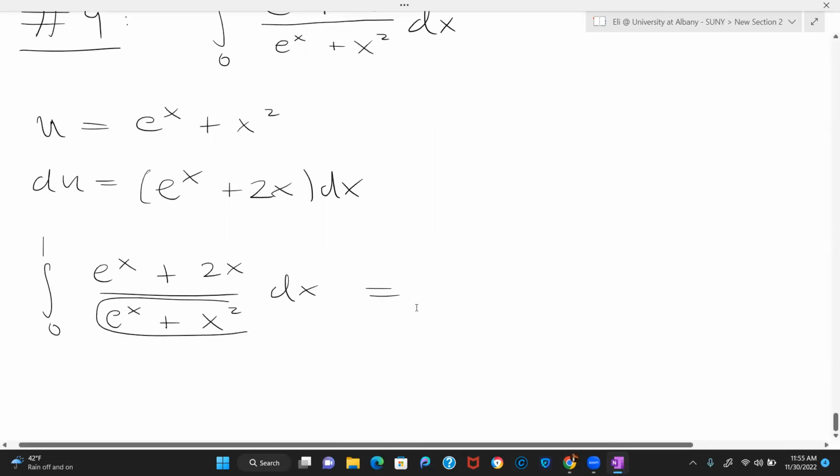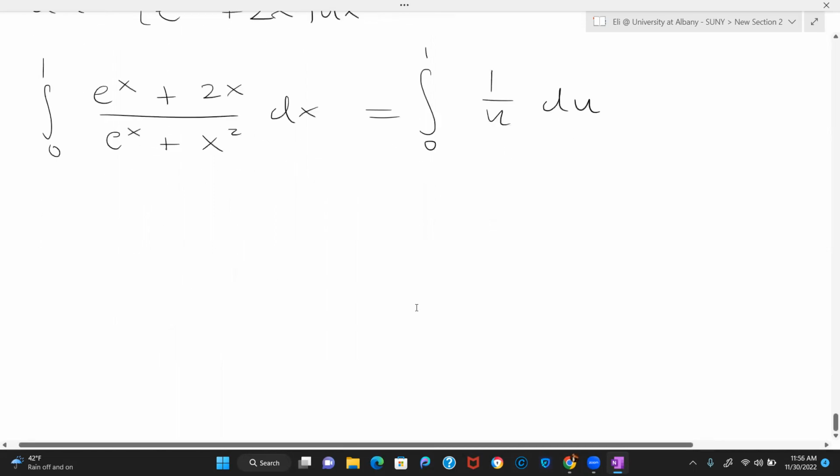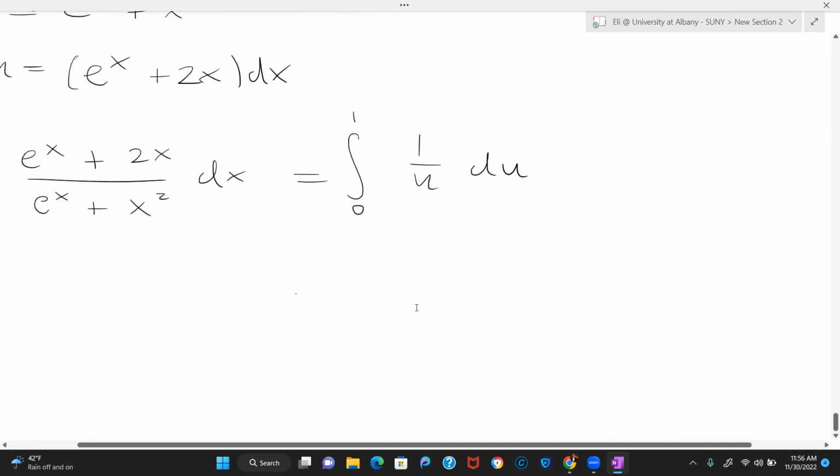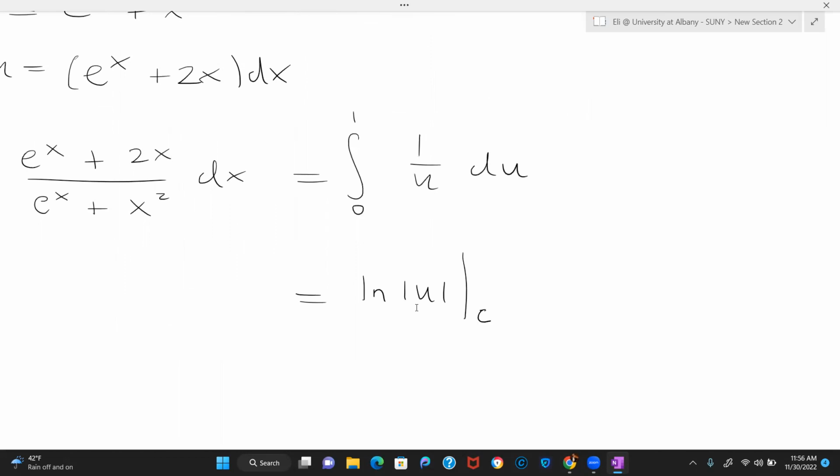This part right here is our u, and then the numerator together with dx is our du. So what we'll have is 1 over u du. And this we know how to integrate. This is just going to be ln of the absolute value of u, evaluated from 0 to 1.